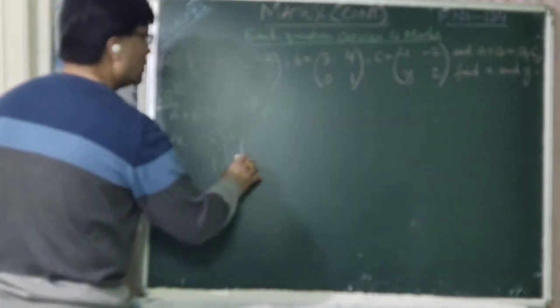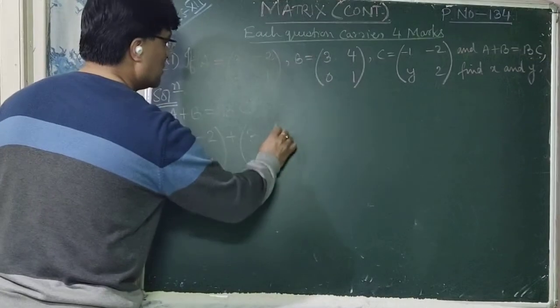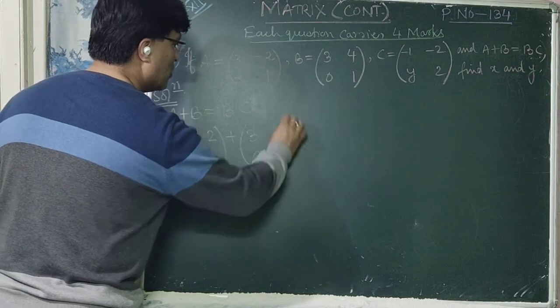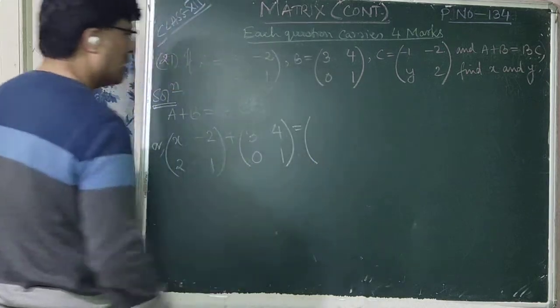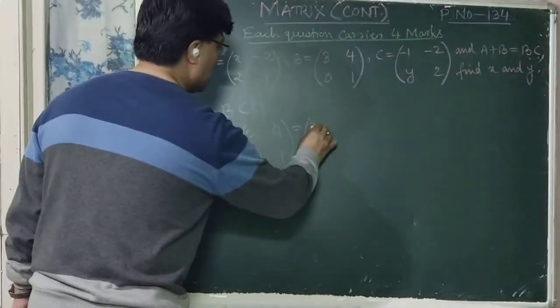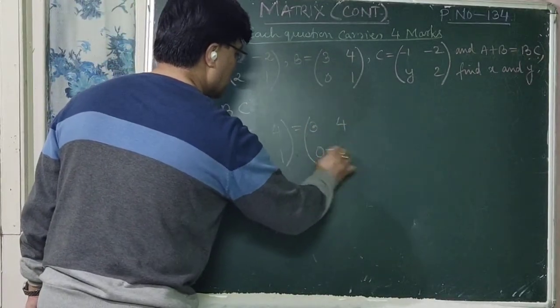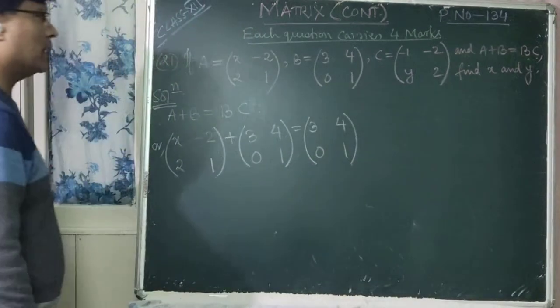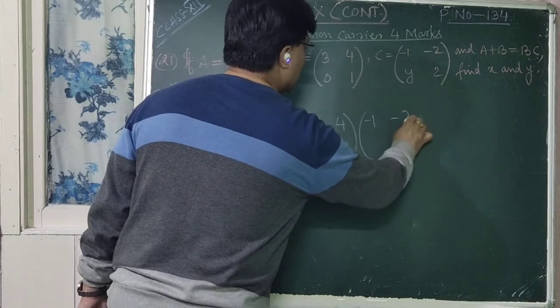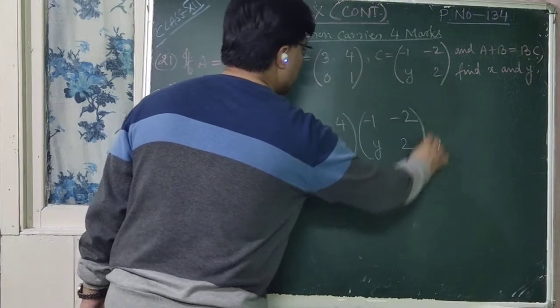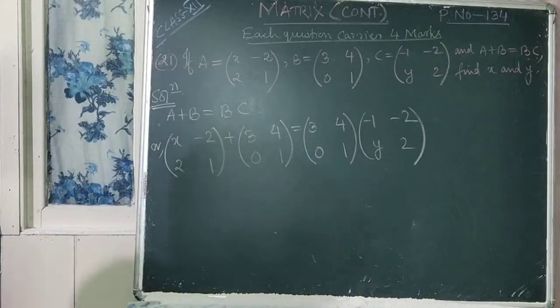And plus, what is B in this case? 3, 4, 0, 1. That is your B. Is equal to, what is B now? Again, this is 3, 4, 0, 1. And what is C now? It is minus 1, minus 2, y, 2. Okay, so we have copied it.